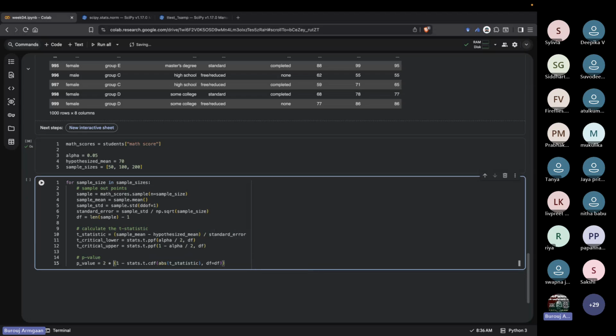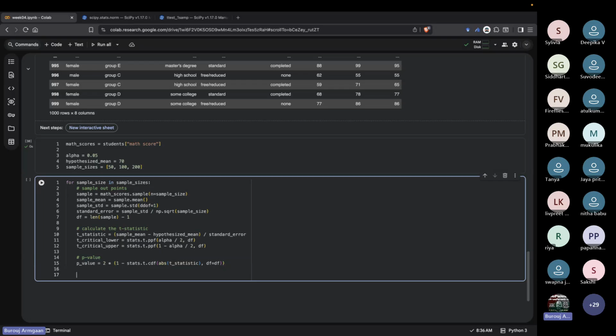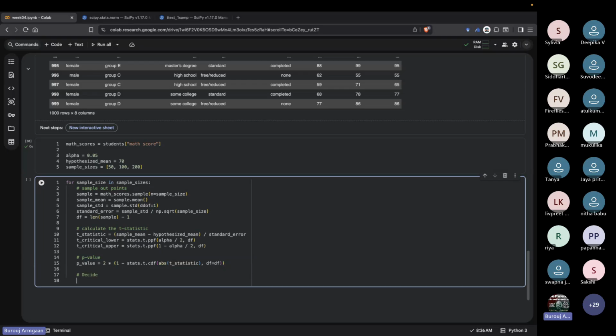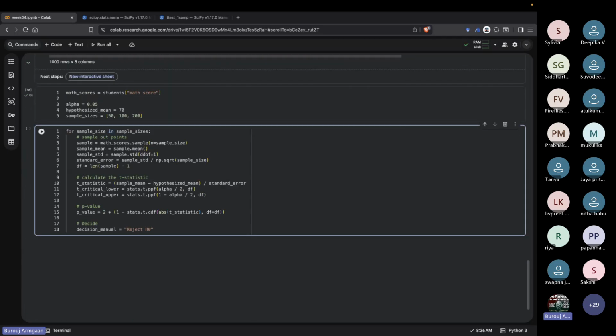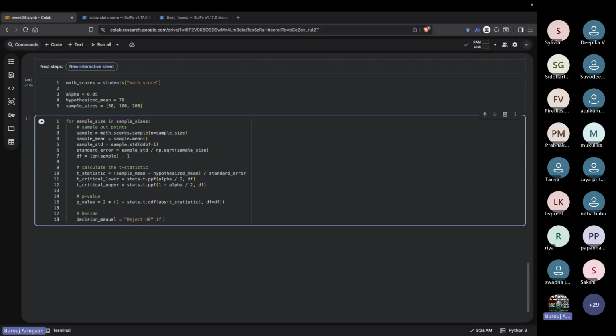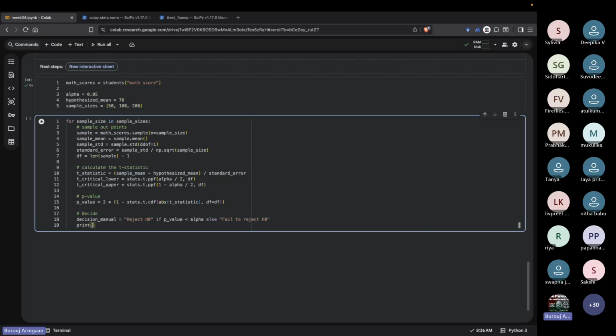This is a two-sided test, so we double the value and then we decide. We say that decision underscore manual is equal to reject my null hypothesis. This is a short form of writing this in two lines. So we can reject if my p-value is less than alpha, else we fail to reject our null hypothesis, and then we can print our decision.